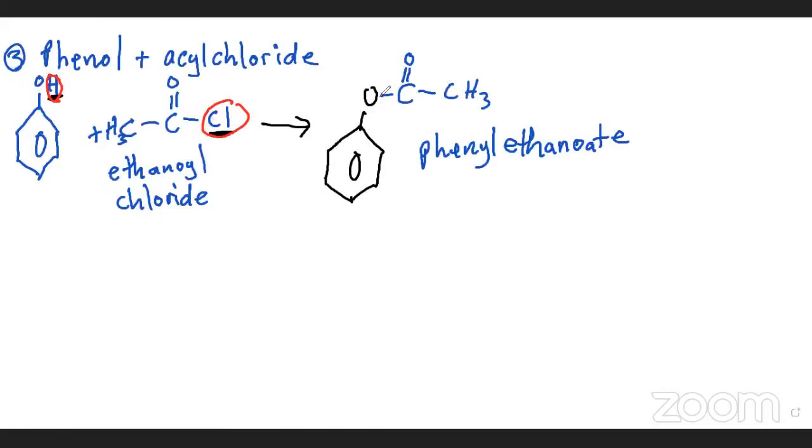So that's phenol with acyl chloride. That's the general name for this type of compound, acyl chloride. It's basically a carboxylic acid in which the OH is replaced with chlorine. So let me just write that here, acyl chloride.